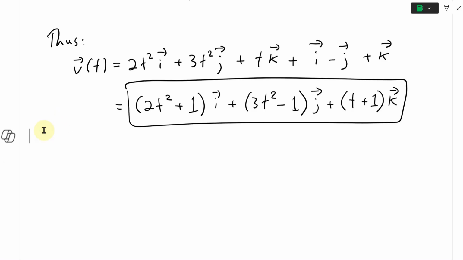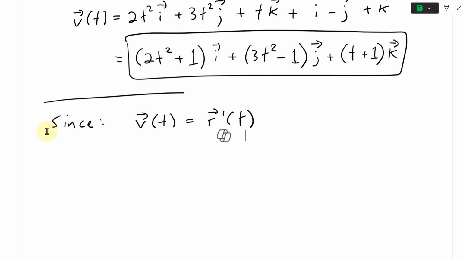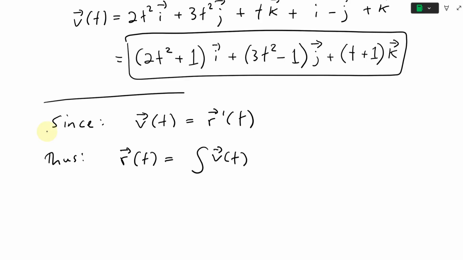Now the next step is to get the position vector. Since the velocity v of t is equal to the derivative of the position vector, pretty much the same thing as before, the position vector r of t is going to equal the integral of v of t dt, like that.